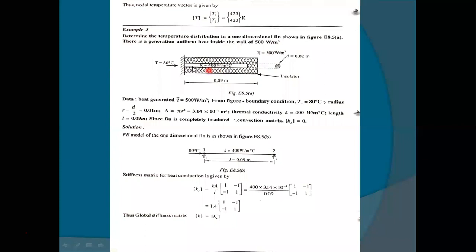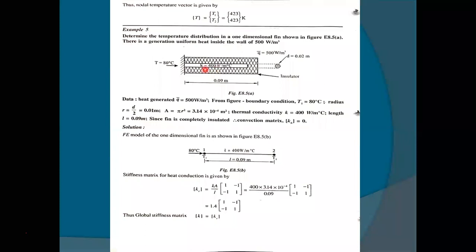Now, whatever you are seeing here is the fin. And whatever you are seeing outside with some inclined lines is the insulation. Now you tell me, when the fin is insulated, will heat be transferred from the fin to the outside?